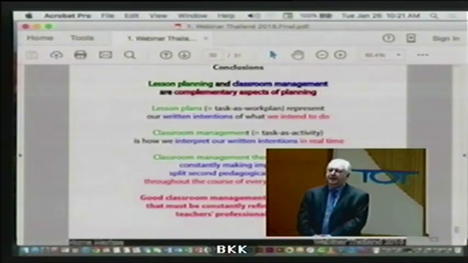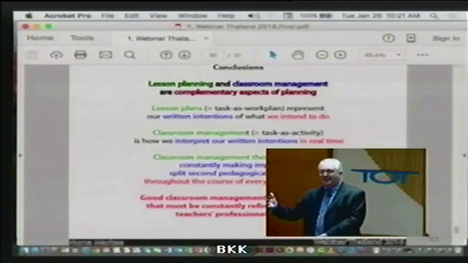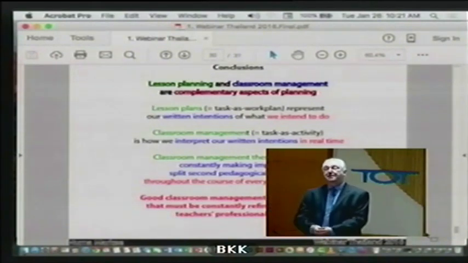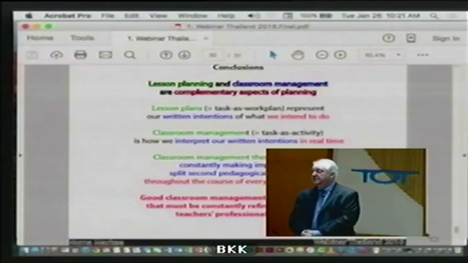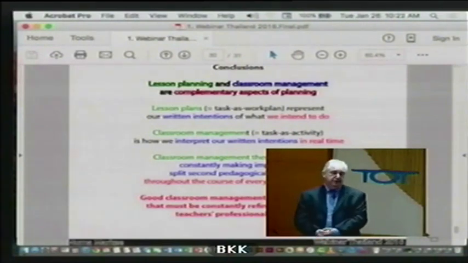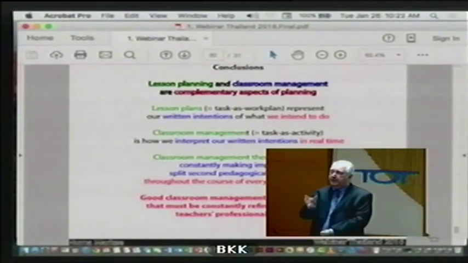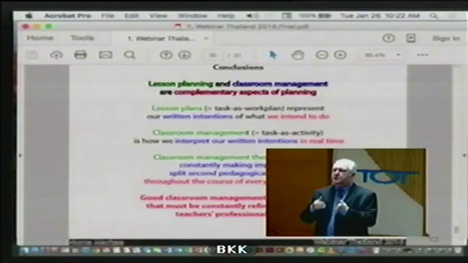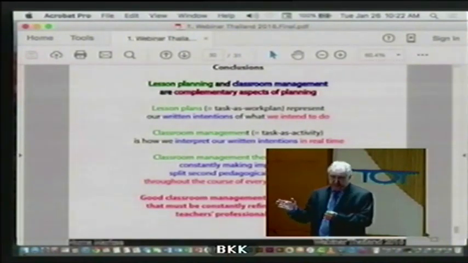Now, I understand that in Thailand, students often arrive late. So you have to make these kinds of decisions yourselves every day in your own classrooms. And what I showed you was that with these 3 different students, the way that I solved this problem was different in each instance.